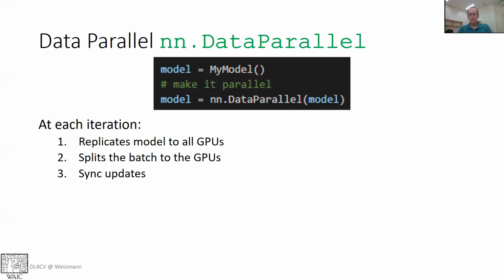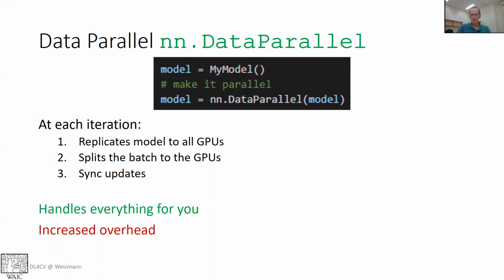So what's nice about DataParallel is that it requires almost no effort on your part as a programmer. You just wrap it once and PyTorch does everything for you. But as you can expect, if this is a very, very general method, it has some increased overhead.